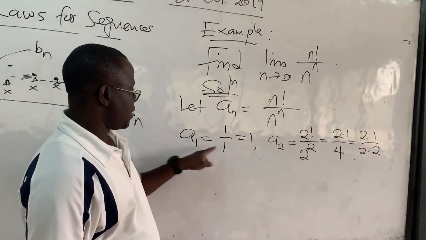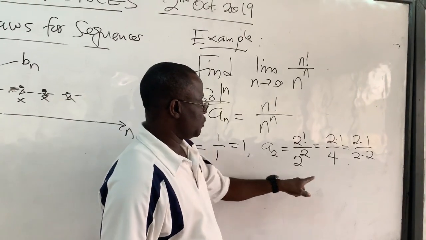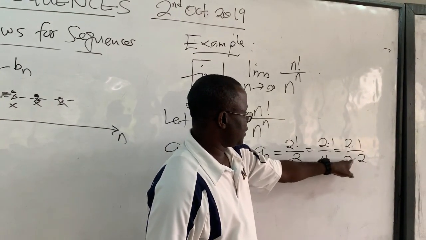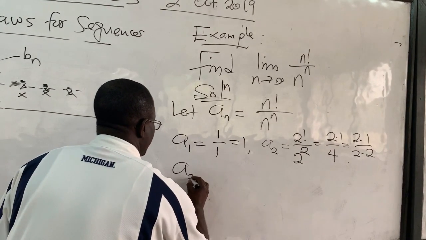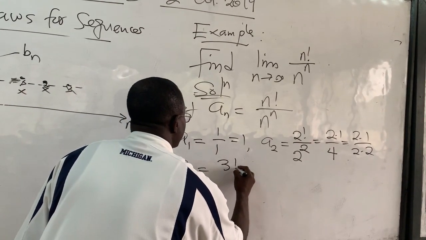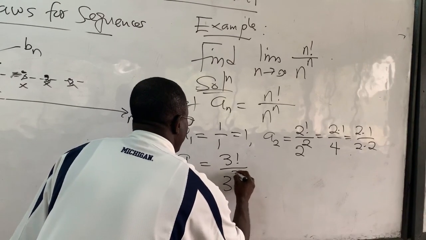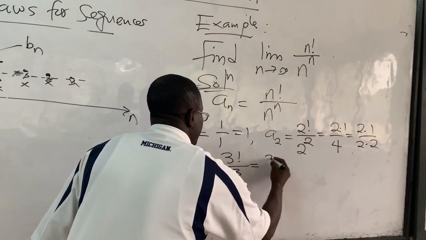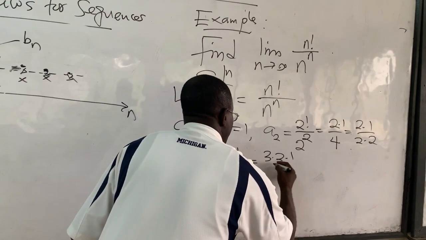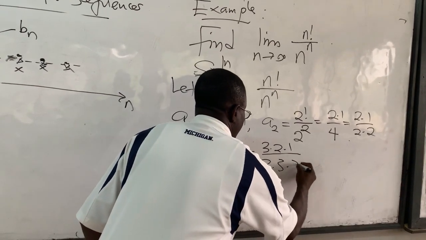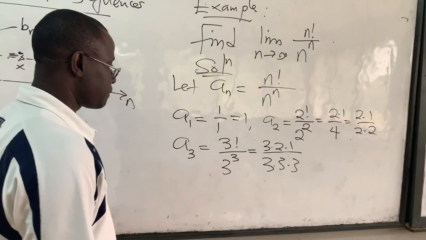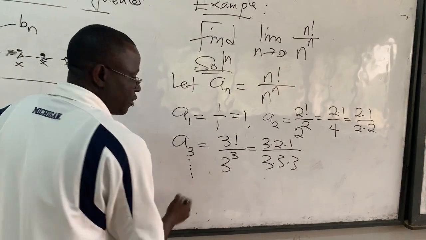So if you like, a1 is 1, a2 is, these cancel, basically 1 over 2. Let's see what a3 looks like. A3 will be 3 factorial all over 3 raised to the power 3. This is the same as 3 times 2 times 1 all over 3 times 3 times 3. We can go on and on.